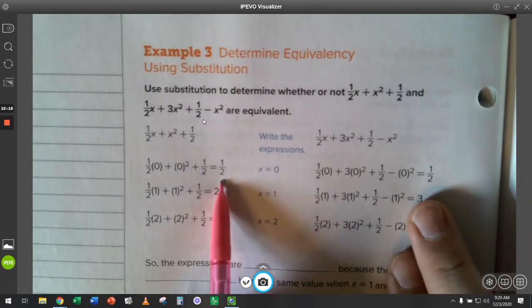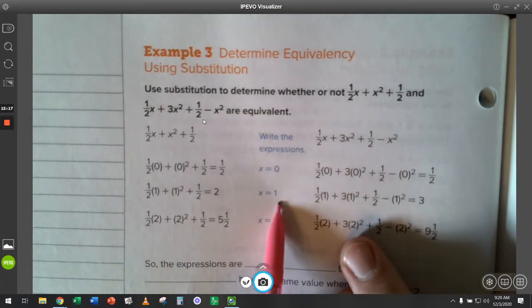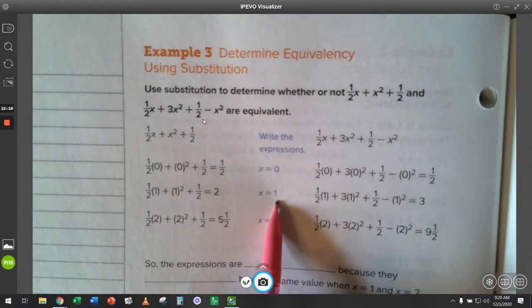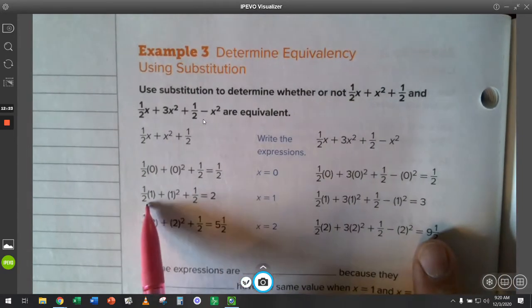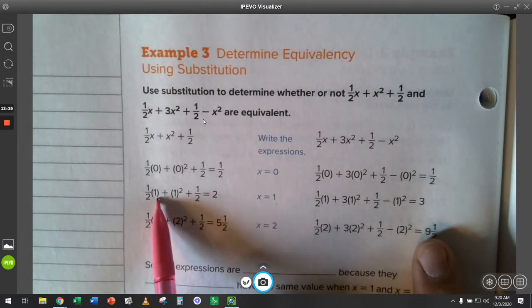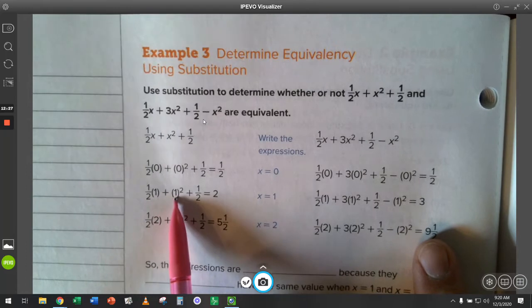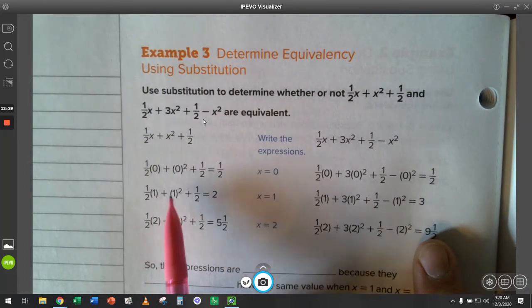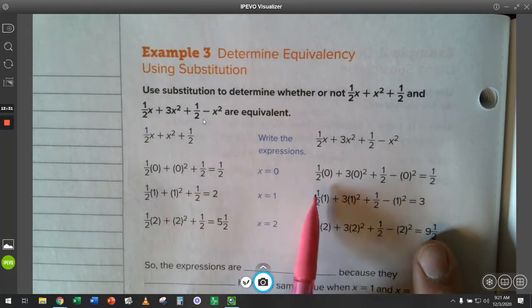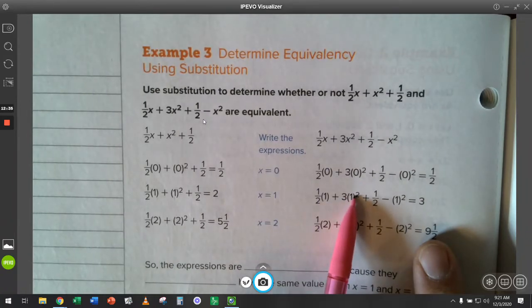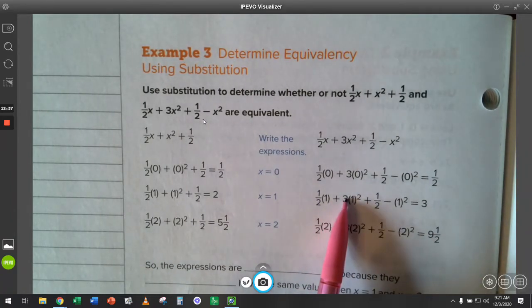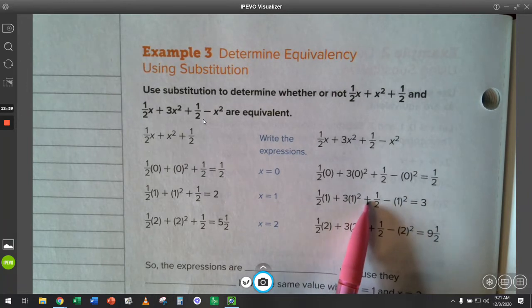But what if we try another number? So it's important to not just try one number when using substitution. What if we used 1 here? 1 half times 1 is 1 half, plus 1 squared is still 1, plus a half would be 2. 1 half times 1 is a half. 1 squared is 1 times 3 is 3, plus 1 half, right?